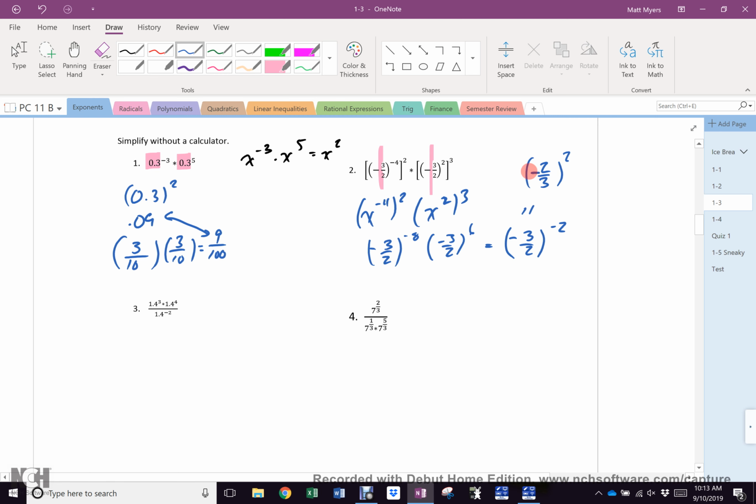Is it part of the base? Is it a positive exponent? Is it an even exponent? Does that negative 2 negative disappear when I square it? So what would I end up with? 4/9. Is everybody cool?